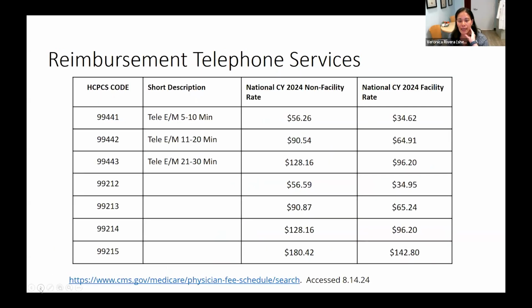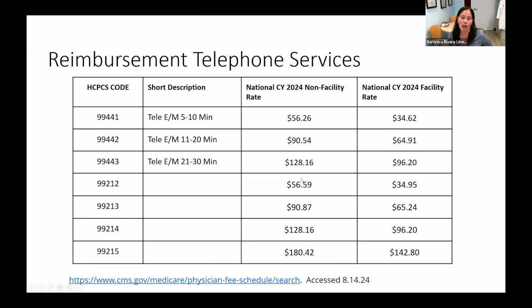This is a graph or a table showing the reimbursement rates as of 2024 for these codes. And so you can see in comparison for the facility rates, for the non-facility rates for a 99441, they're ranging from $50 to $120.